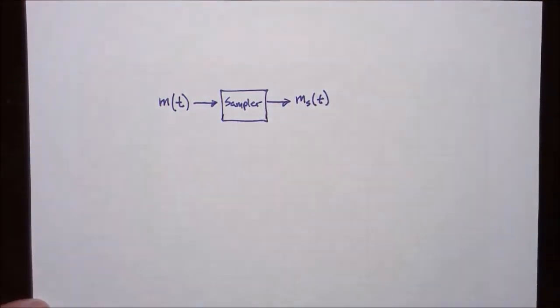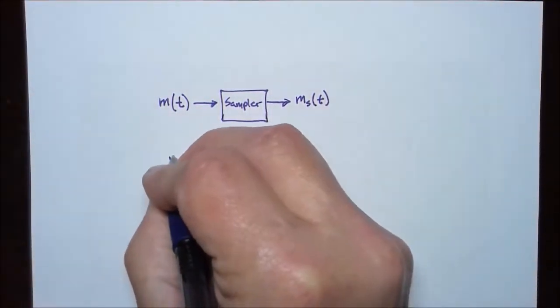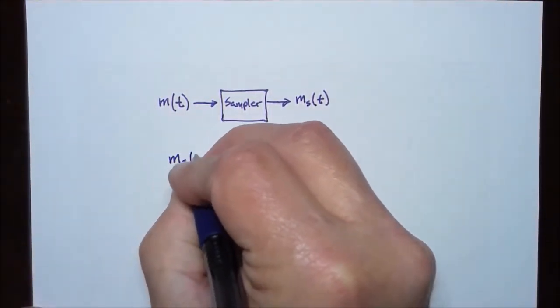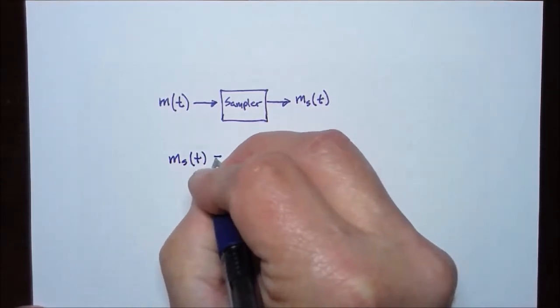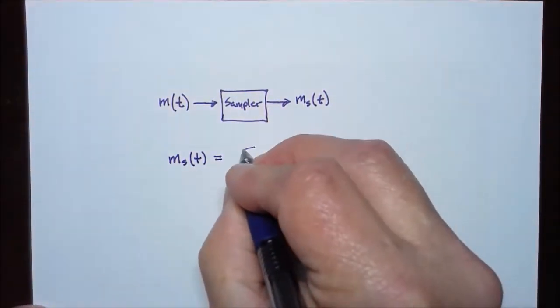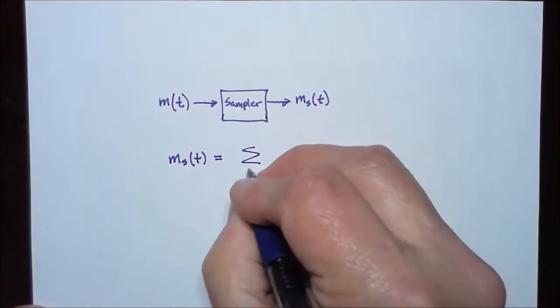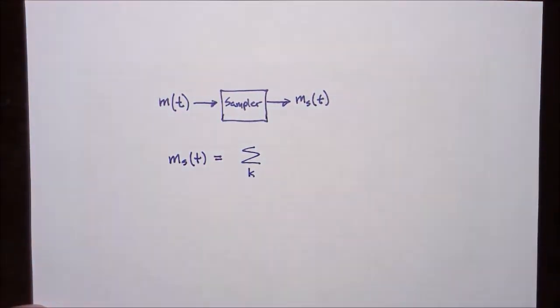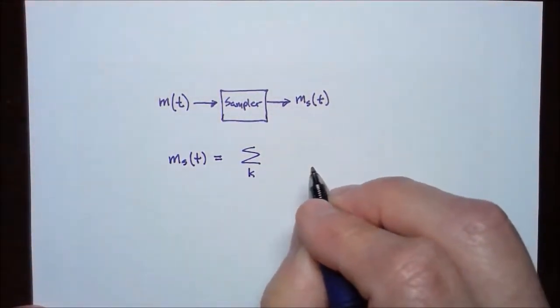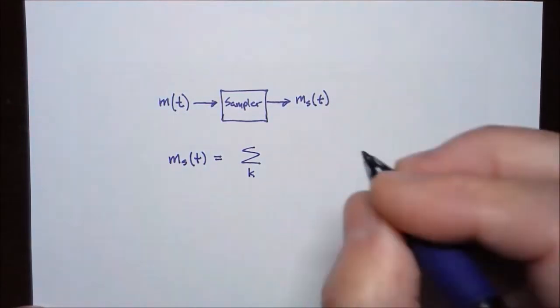This is the sampled signal, and as we discussed, it is a summation over index number k of a string of shifted delta functions.